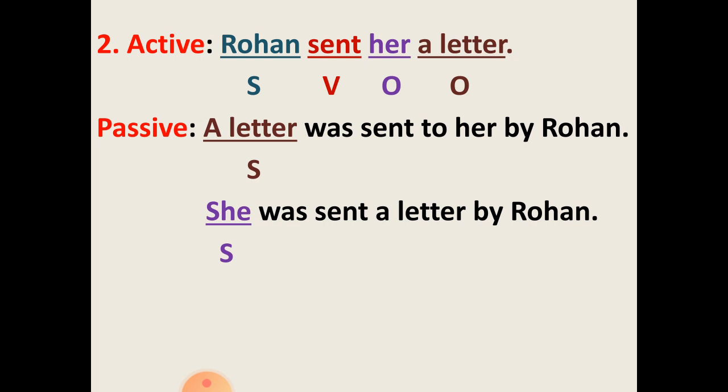In the second sentence I have taken her as the object. Here her will change to she when we make it the subject. She was sent a letter by Rohan. This is how you make changes whenever two objects are given to you.